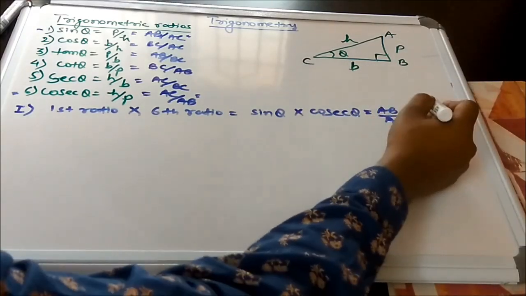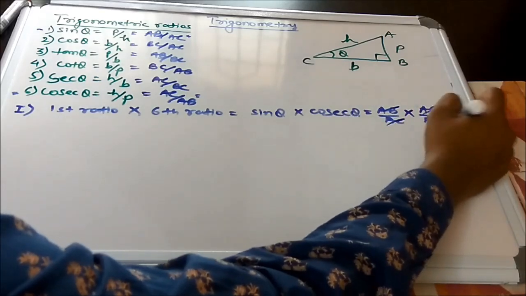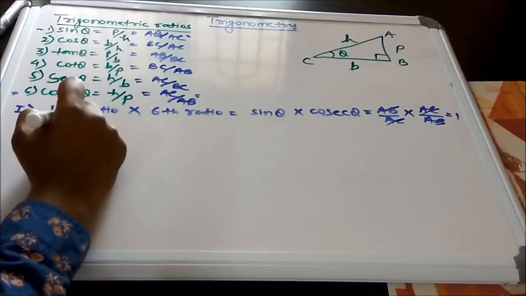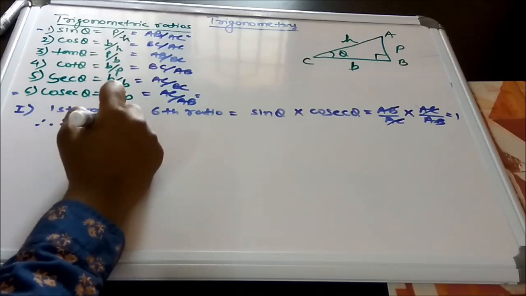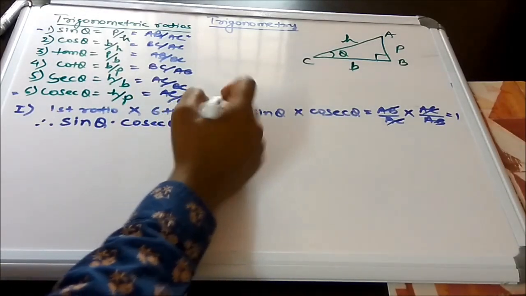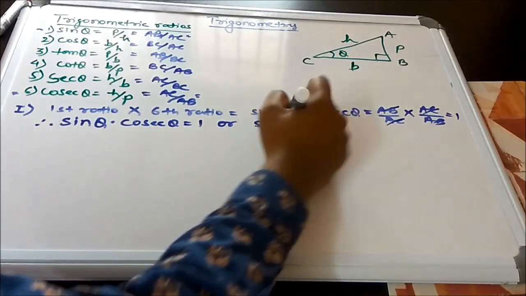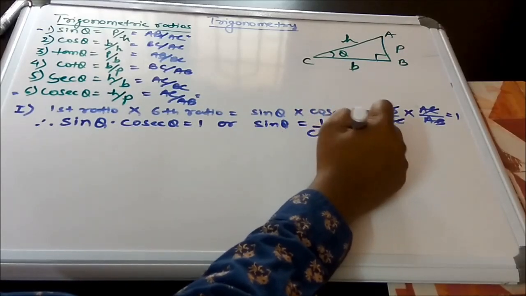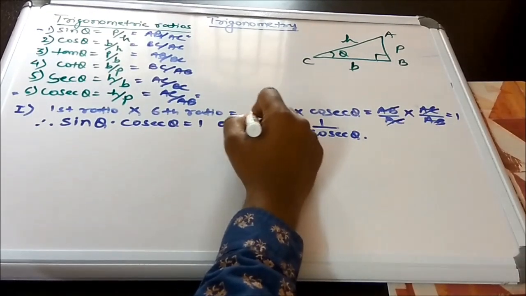So AC and AC get cancelled, AB and AB get cancelled, equals 1. Therefore, we have just now derived our first relationship between trigonometric ratios, that is sine theta into cosec theta equals 1, or otherwise you can write it as sine theta equals 1 by cosec theta. So this is our first relation.